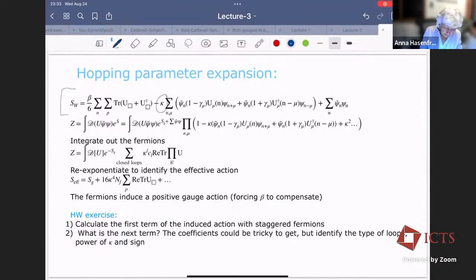If I take the functional integral and simply expand the exponential hopping term, the sum over location n and direction will turn into a product. And then I have 1 minus kappa times the hopping term, plus kappa squared, plus higher order terms. At some point, this series will terminate because these are fermions.